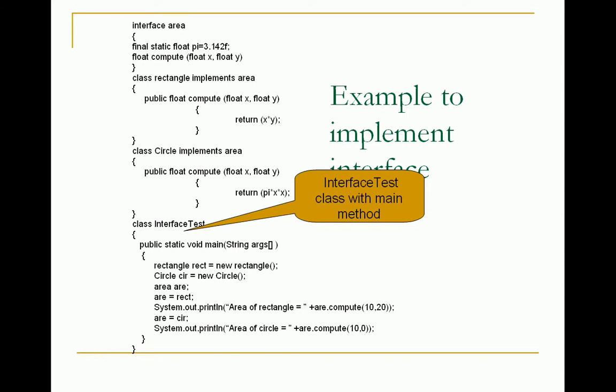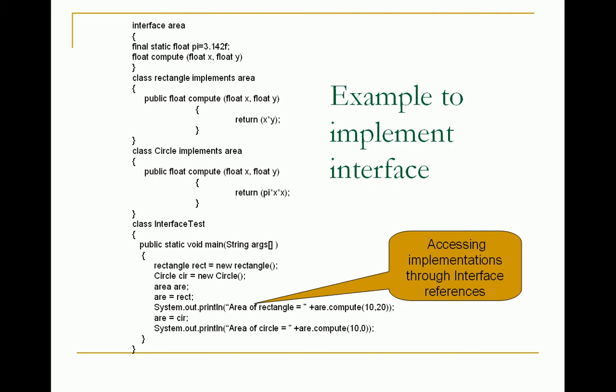Then we have a class interface test. This interface test class has the main method. In this main method, we have created objects for the two classes rectangle and circle as rect and cir. Then we have created a reference to refer to the interface area as are.